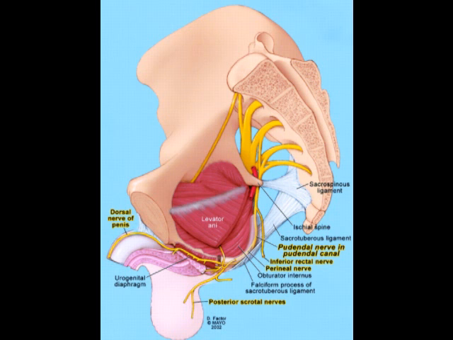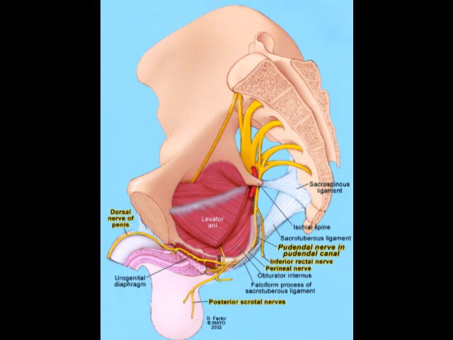Okay. Alright, starting from the very origin of the pudendal nerve, you can see there are four nerves that are going into the sacral part of the spinal area.